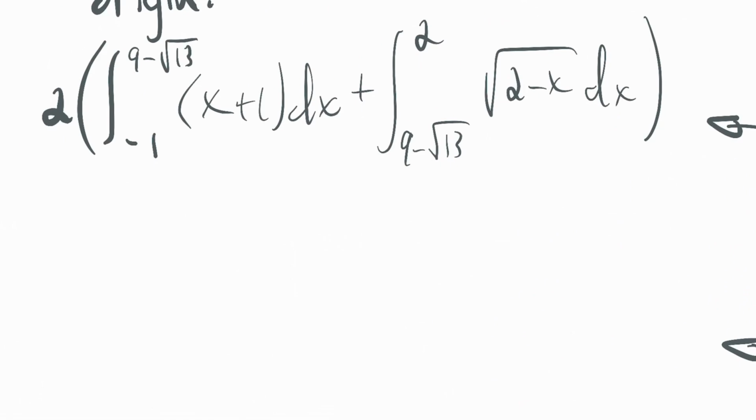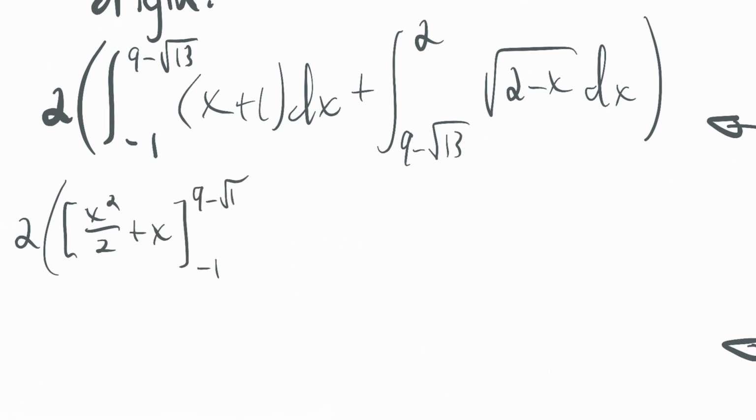So 2 times x squared over 2 plus x evaluated at -1 and 9 minus root 13, plus, and I am starting to regret saying let's continue because I really want to switch to the other method, but that's fine.